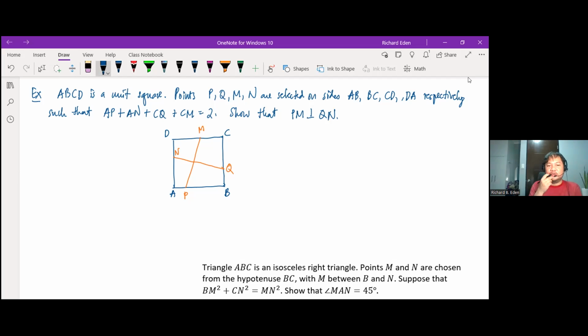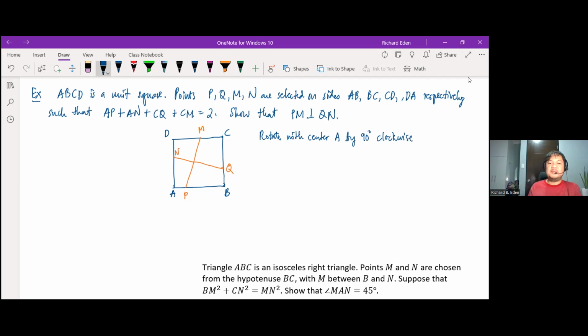So, sige, let's do A. So wait, I'm gonna write on the right side. So let's do the rotation here on the left side. Okay. Rotate with center A by 90 degrees clockwise.